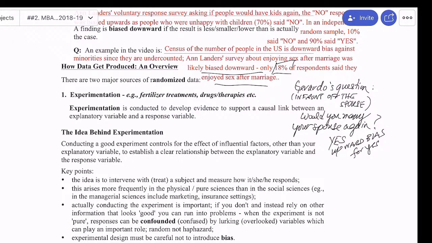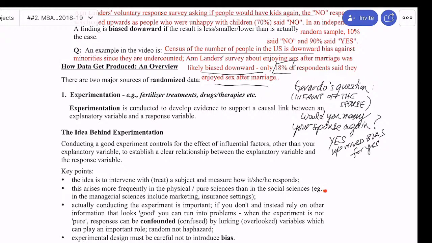I'll go through the key points regarding experimentation. The idea for experiments is to intervene and so to measure the response of the subject to the treatment.